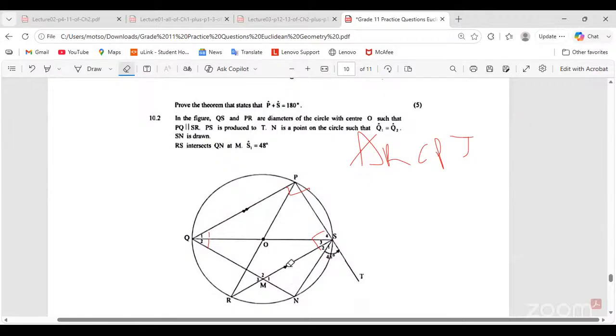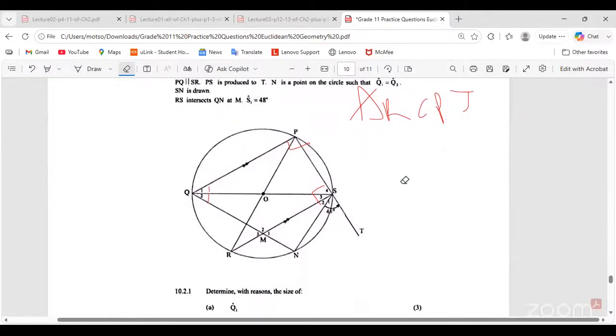Then with parallel lines, this angle is equal to that angle, reason being alternate angles, because PQ is parallel to SR. Then the T, we don't have any tangent.